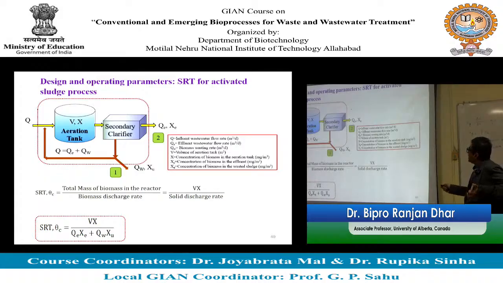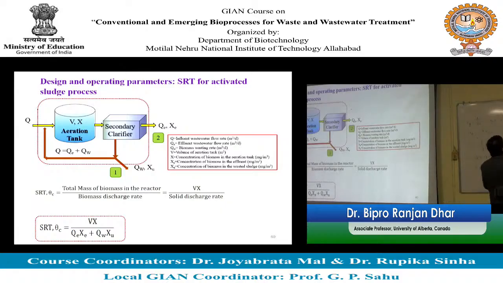of suspended solid. And so we know the equation for SRT. So total mass of biomass in the reactor is going to be V multiplied by X, right? Volume multiplied by concentration, and sludge wastage rate is QW multiplied by XU for point 1, and for point 2 it's going to be QE multiplied by XE. So our SRT equation for the activated sludge process is going to be VX divided by QE multiplied by XE plus QW multiplied by XU, right?